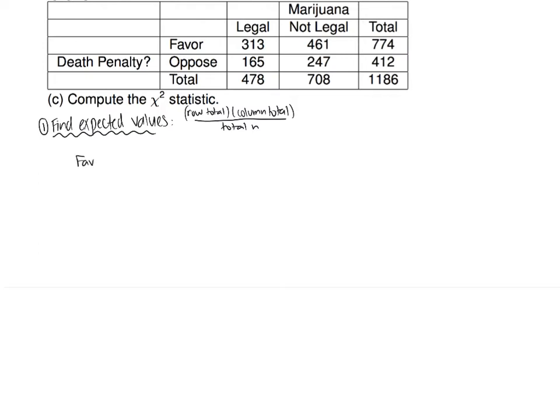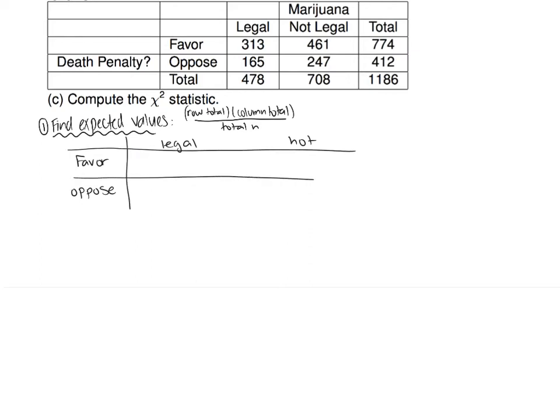So we have the favor, the oppose, the legal, and the not legal. And actually it won't be very hard to show you these. So row total 774, times 478, over 1186. That came out to be 311.95. Notice that's awfully close to what you actually saw of 313. Next one, 774 times 708 out of 1186.